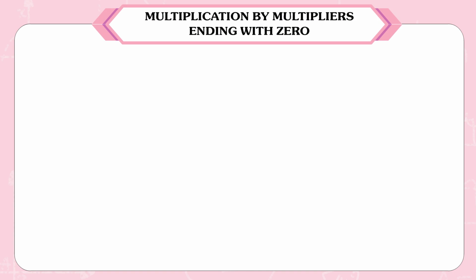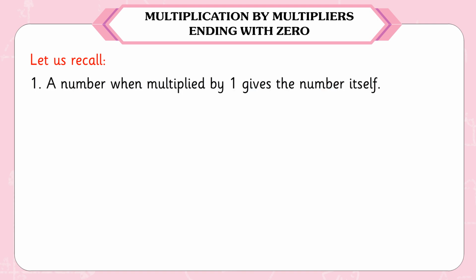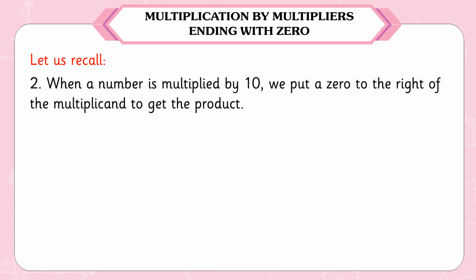Multiplication by multipliers ending with 0. Let us recall. 1. A number when multiplied by 1 gives the number itself. For example, 9 into 1 is equal to 9. 2.